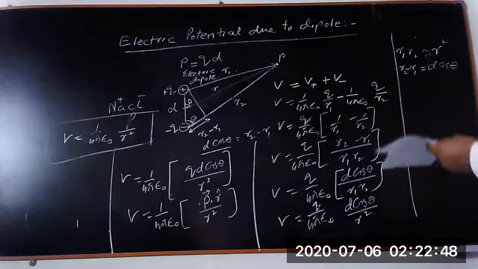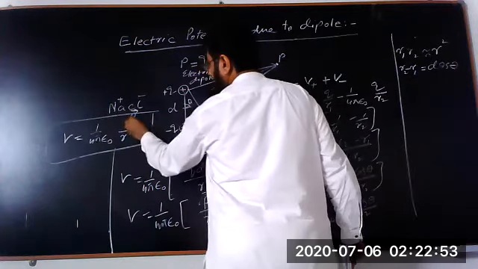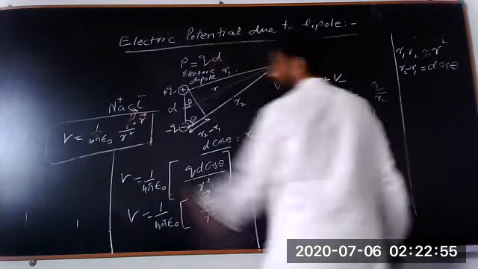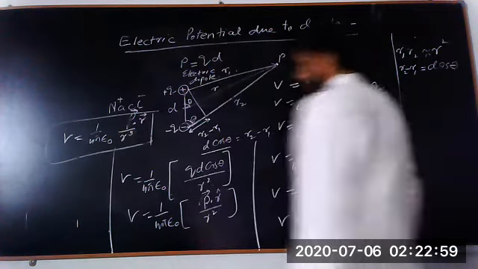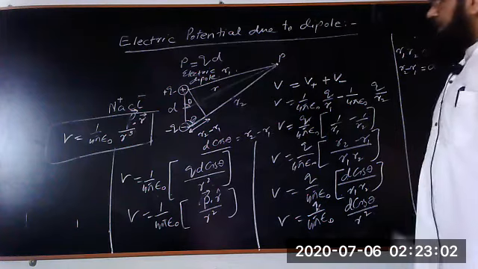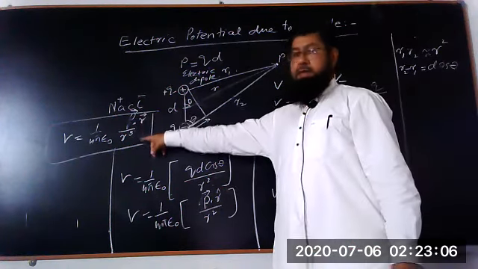Here this can be written as P vector dot R vector divided by R cube, because the unit vector is equal to the vector divided by its magnitude.